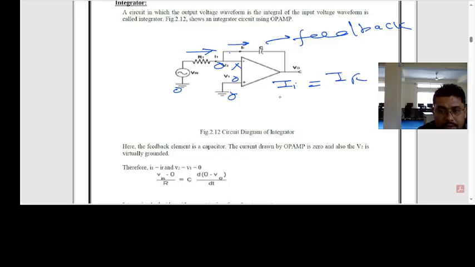What is I1? Vin minus 0 divided by R1. What is IF? The current through the capacitor, C dV by dt, which is 0 minus V output.